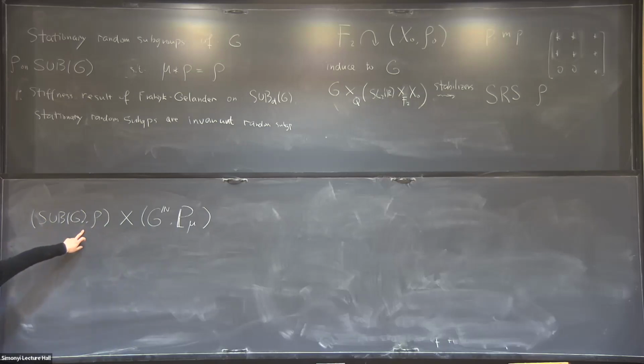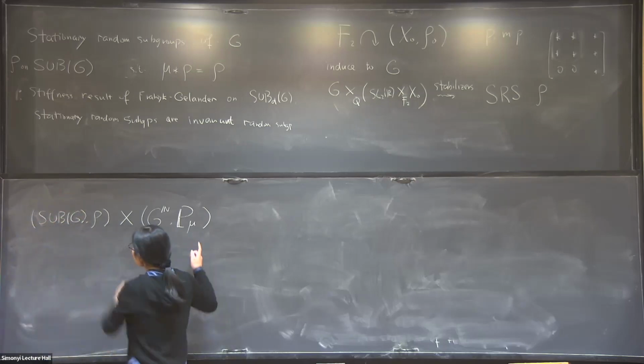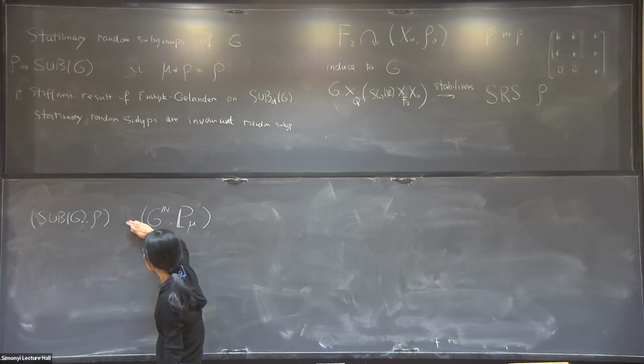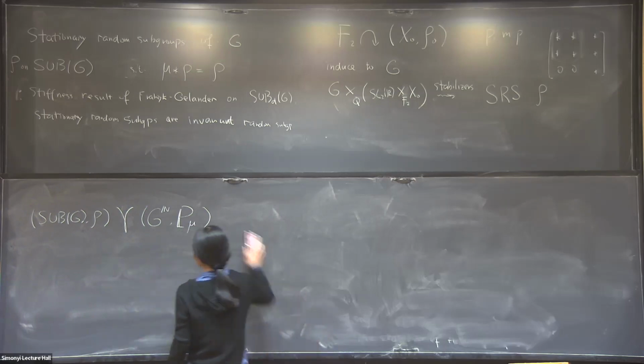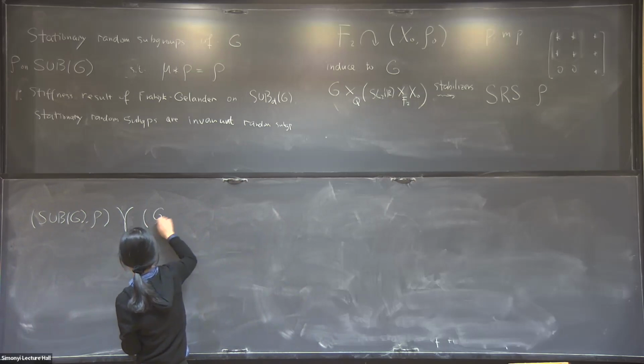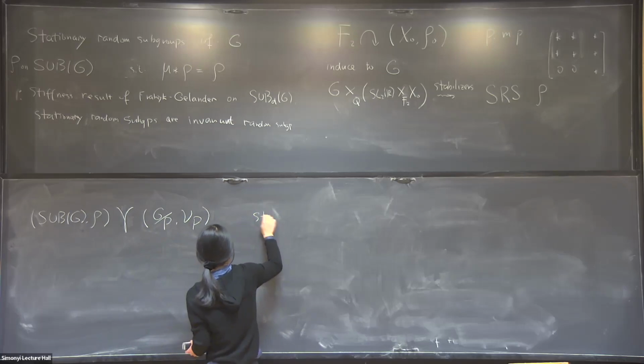But if rho is a non-invariant stationary measure, you can't take a product, since the product of two stationary measures is no longer stationary. So what you need is to take a stationary joining. I guess it's better to write the Poisson boundary here so that it's clearer. So you need a stationary joining.